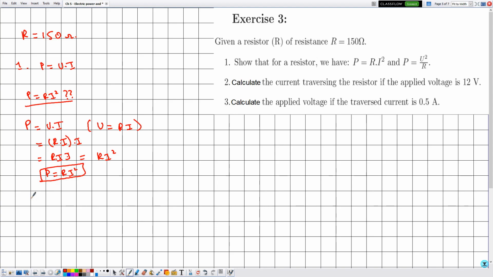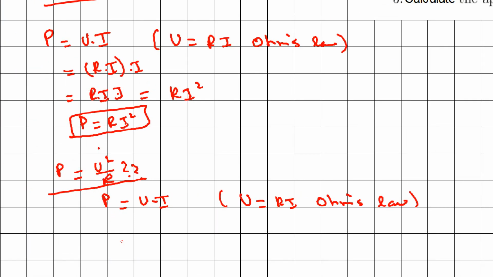Now as for the third form, P is equal to U squared divided by R, we will follow the same steps. So starting from P is equal to U multiplied by I, here let me write Ohm's law. U is equal to RI, which is given by Ohm's law. And here, because I doesn't appear in the equation, we need to replace the value of I in this form.